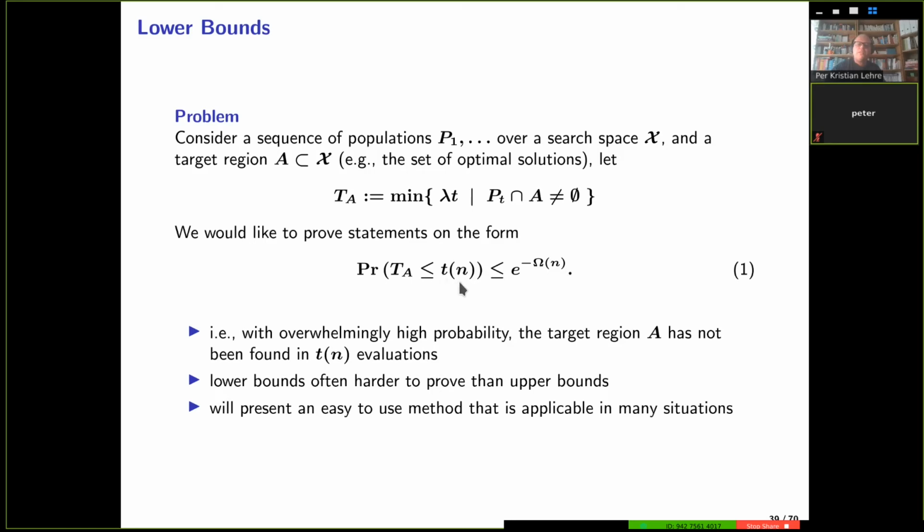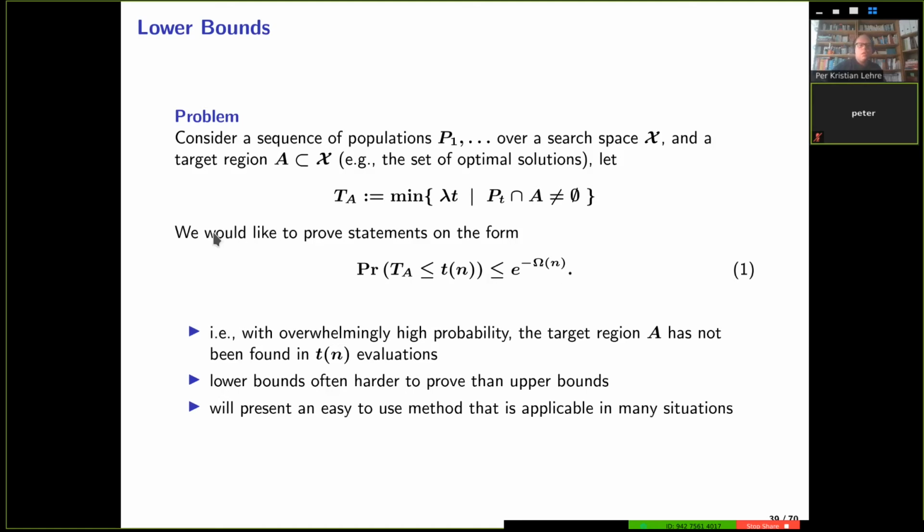For example, if Tn is an exponential function, then this expression says the probability that the algorithm will finish within exponential time is exponentially small. If you can prove a statement like this, it basically means your algorithm will, for all practical purposes, never find the optimum unless n is really, really small.